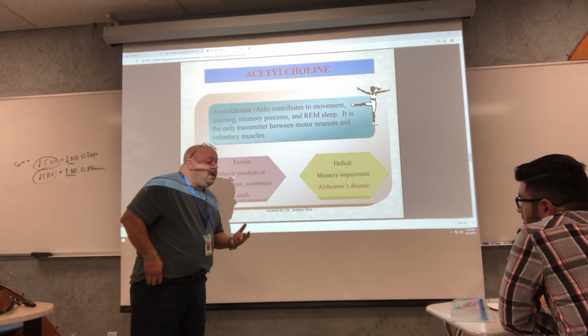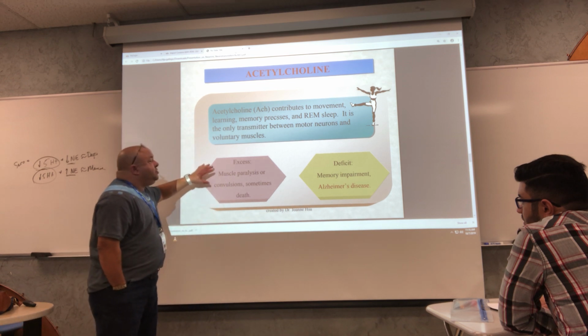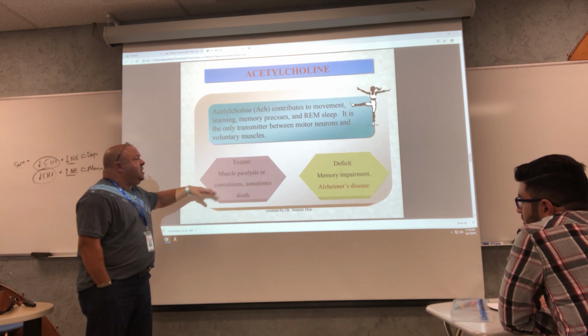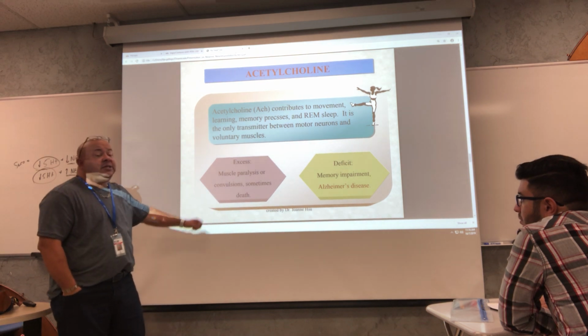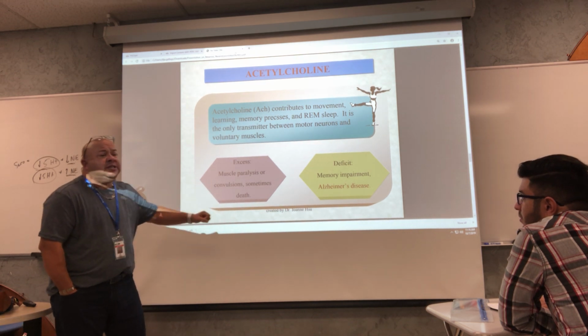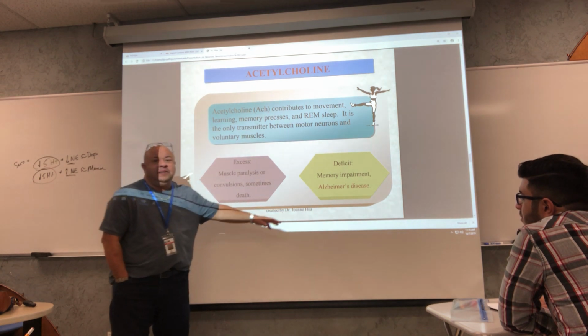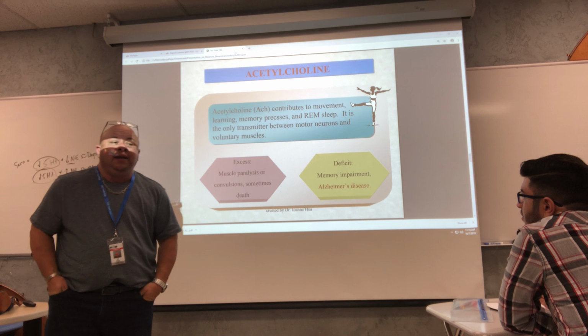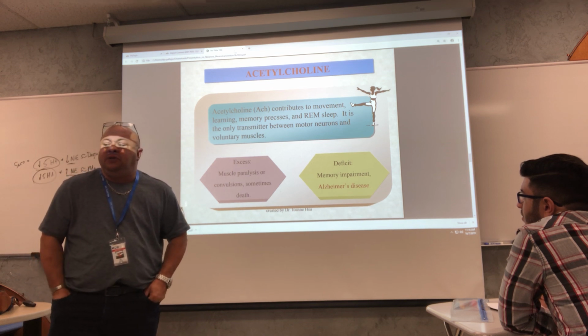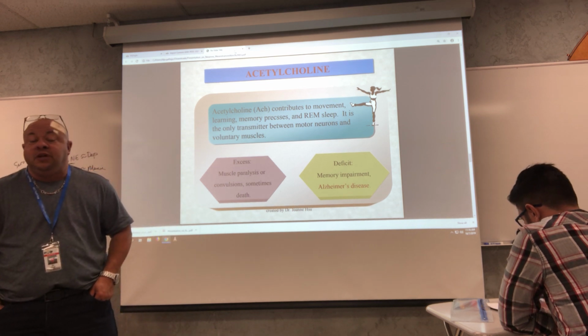So in cases where there are excesses of acetylcholine, you see things like muscle paralysis, convulsions, and a person can die. But our interest is in deficits of acetylcholine, because acetylcholine is related to Alzheimer's disease. Now, most of you have probably heard of Alzheimer's.